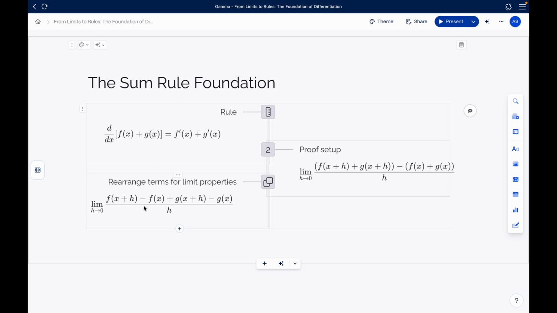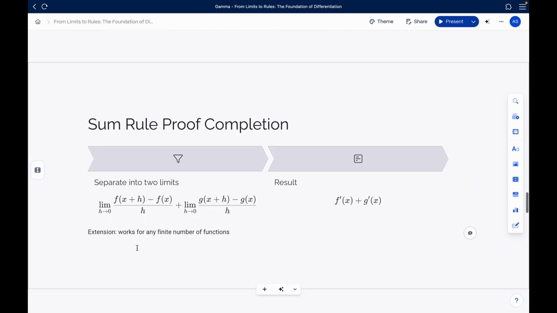After that, we separate this into two limits, which is another limit identity. You can split this up into multiple limits. Then the result is f dash of x plus g dash of x. And this works for any finite number of functions as long as they're all being added together.